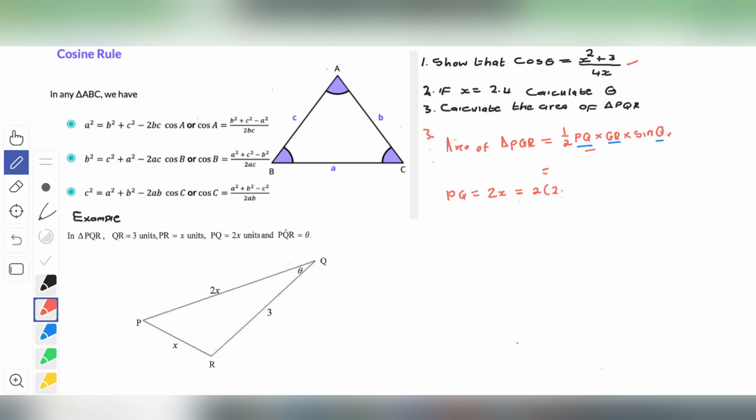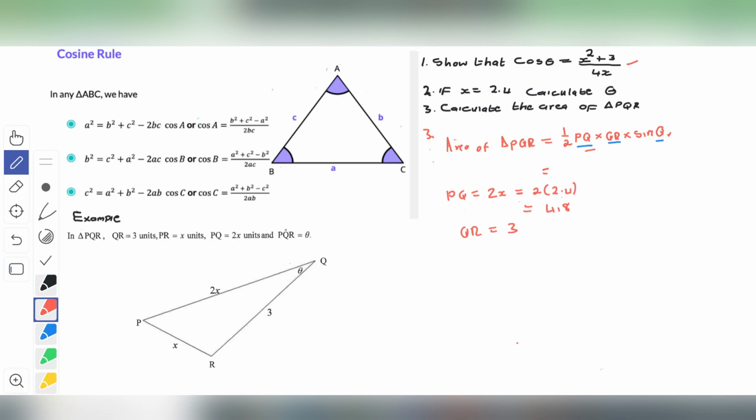So for 2 times 2.4 we're going to have 4.8, if I'm not mistaken, right? And then now we come to QR. We can see that our QR is equal to 3.